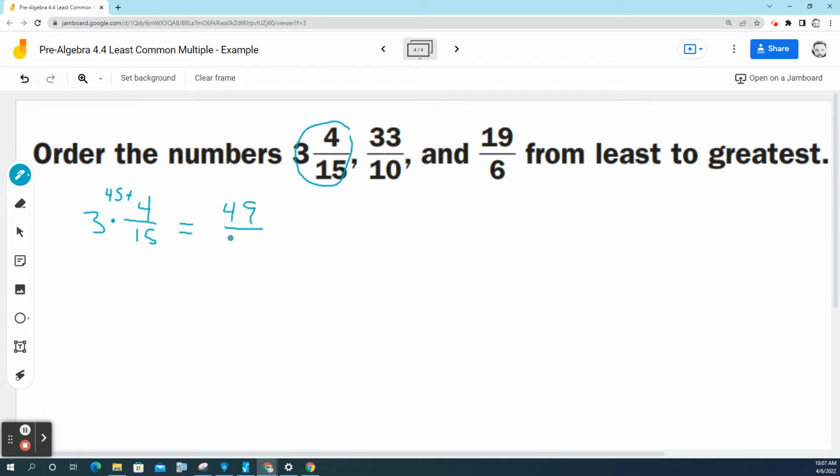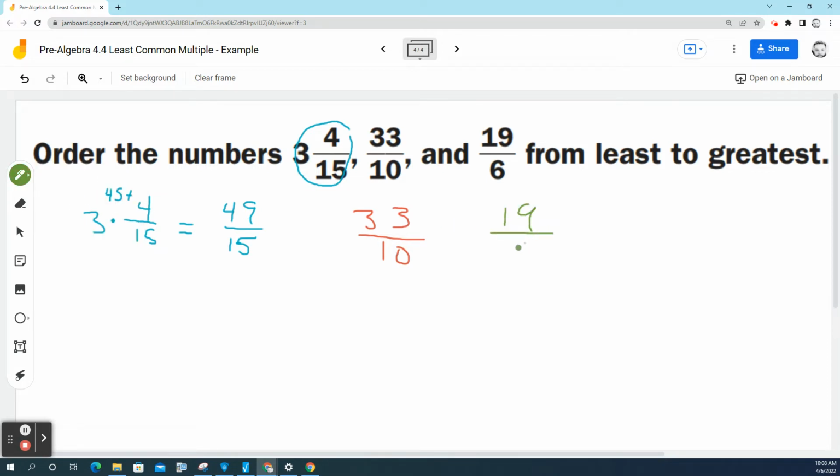So I've got 49 over 15. Okay, so I want everything as a fraction. That's what's going to help me for this particular problem. All right, so that one's done. And now I've got to just compare that to 33 over 10. And then I've got to compare that to 19 over 6.